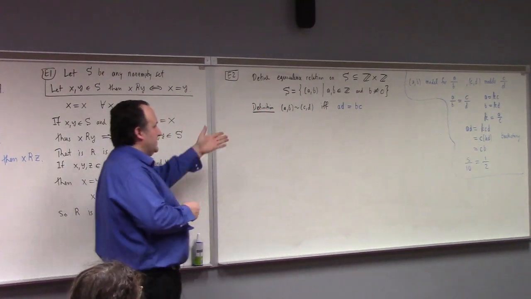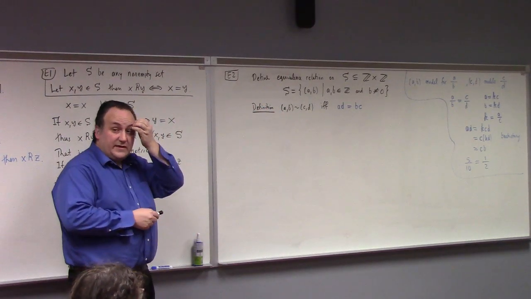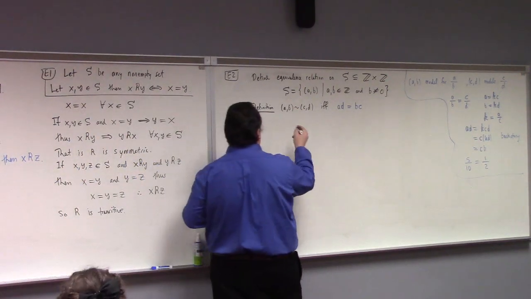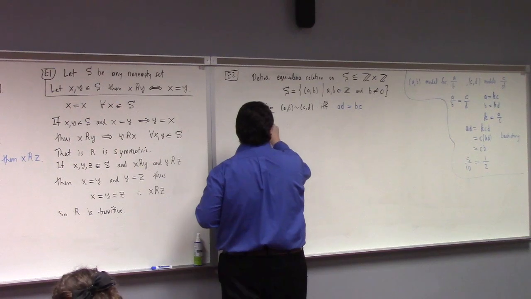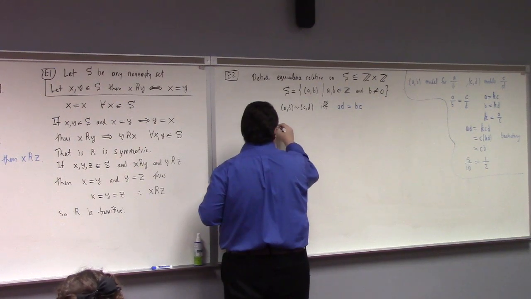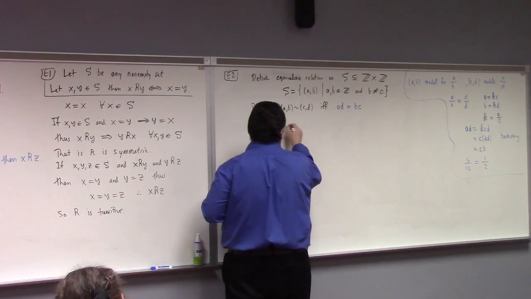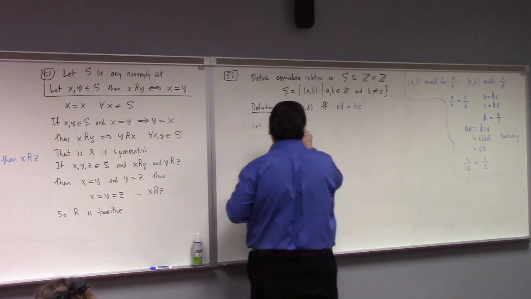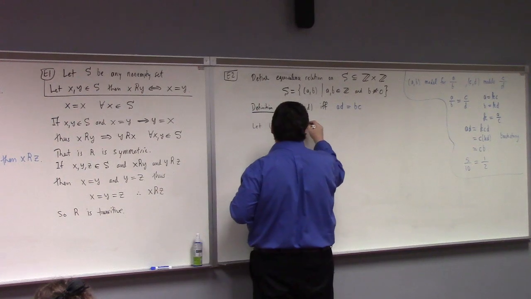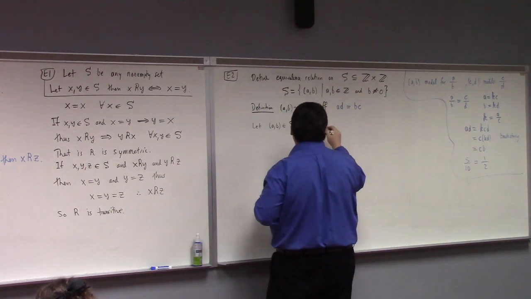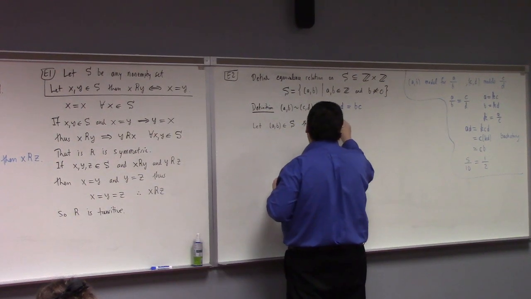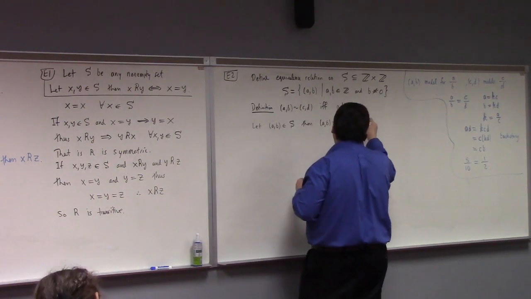So then, if that's our definition of the equivalence relation, can we check that it's reflexive? What do we do? Let (A, B) be an element of S. Then (A, B) is equivalent to (A, B) if and only if what?